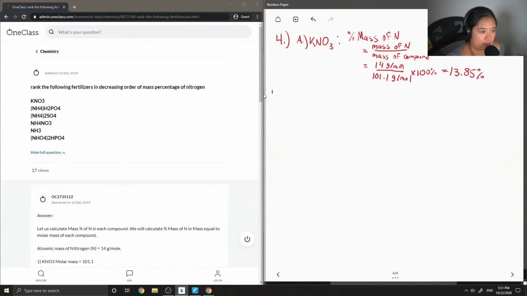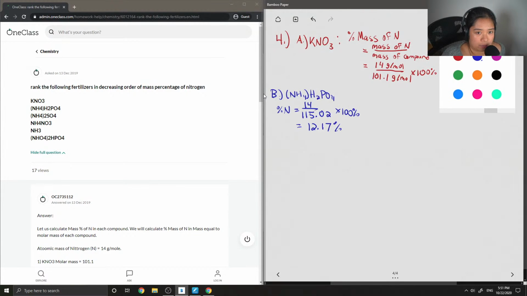Now let's just do the same thing for all the other compounds. So there is only one nitrogen here as well. Its molar mass is 115.02. So its percent nitrogen is only around 12.17%.